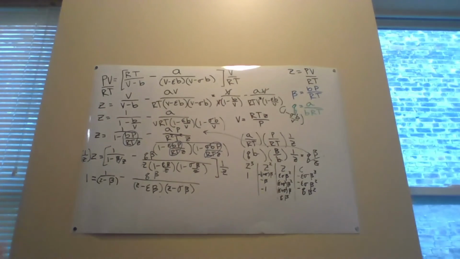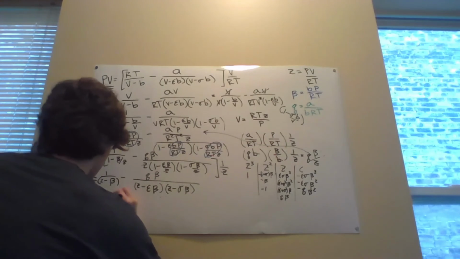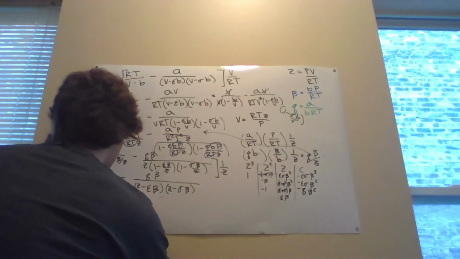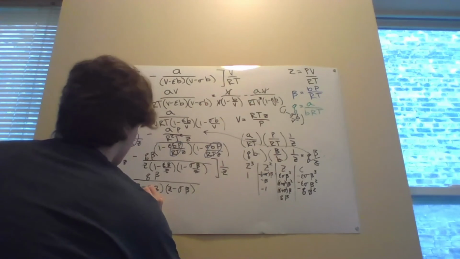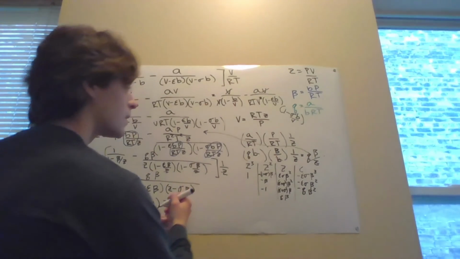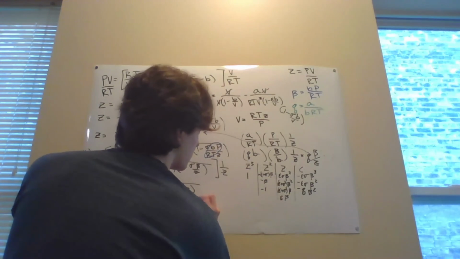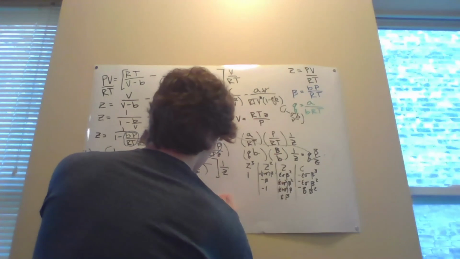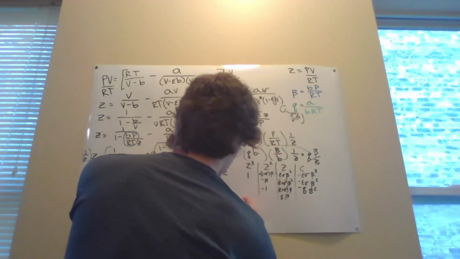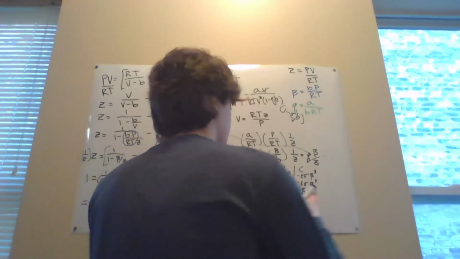So the final expression with all of our terms grouped and onto the other side will be z cubed plus all of our z squared terms, so negative epsilon plus sigma times beta minus 1 times z squared plus all of our z terms, epsilon sigma beta squared plus epsilon plus sigma beta squared plus epsilon plus sigma beta plus q times beta, and these are all z terms, and then we just have our constants.